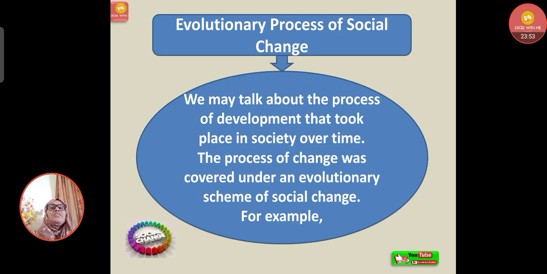Evolutionary process of social change. Let's conclude with that. We may talk about the process of development that took place in society over time. The process of change was covered under an evolutionary scheme of social change.